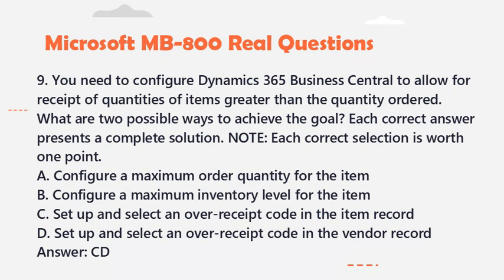A. Configure a maximum order quantity for the item. B. Configure a maximum inventory level for the item. C. Set up and select an over-receipt code in the item record. D. Set up and select an over-receipt code in the vendor record. Answer: C, D.